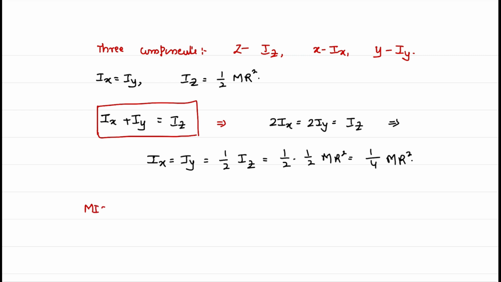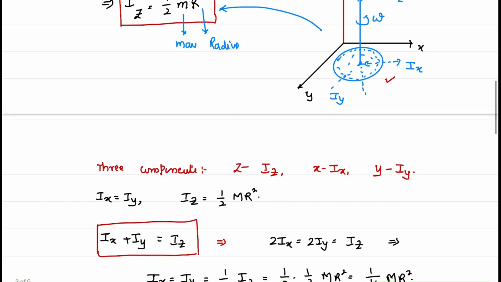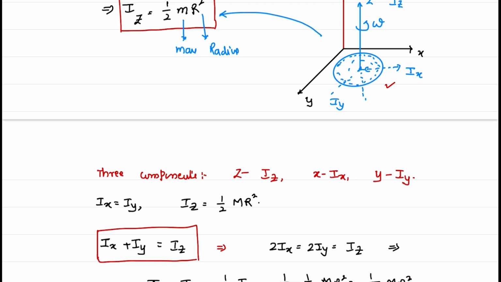What are the moments of inertia? In the z-axis it is half mr square, Iz; Ix is equal to Iy is equal to 1 by 4 mr square. This is for a disk of this shape, which is in the plane of xy or parallel to the plane of xy, and the rotation axis is parallel to the z axis.